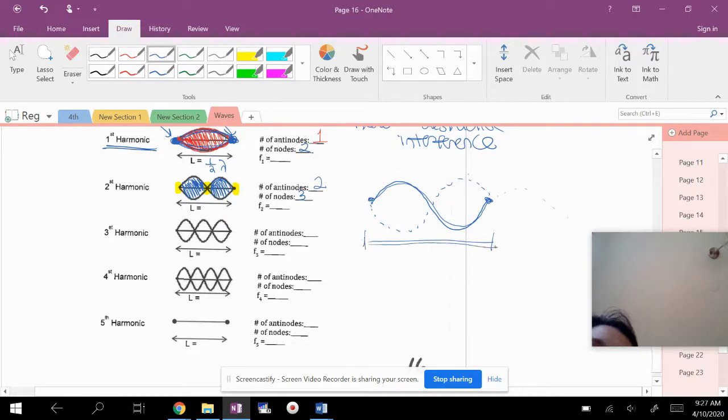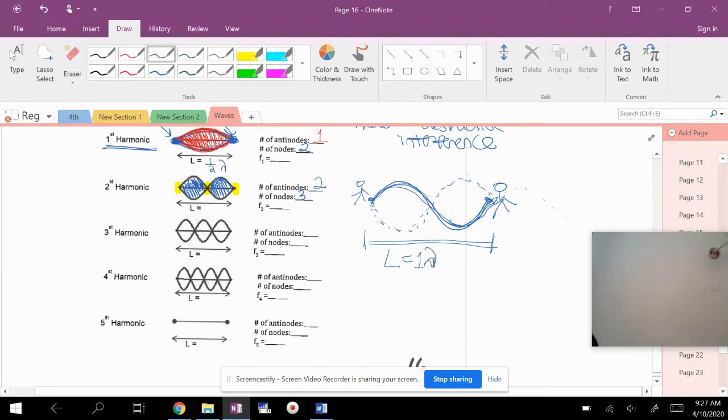It's as if a person was standing here, sending a pulse to another person standing here, exactly like in the video I just clicked on. So this would be the second harmonic, and the length of this string would be equal to one wavelength.